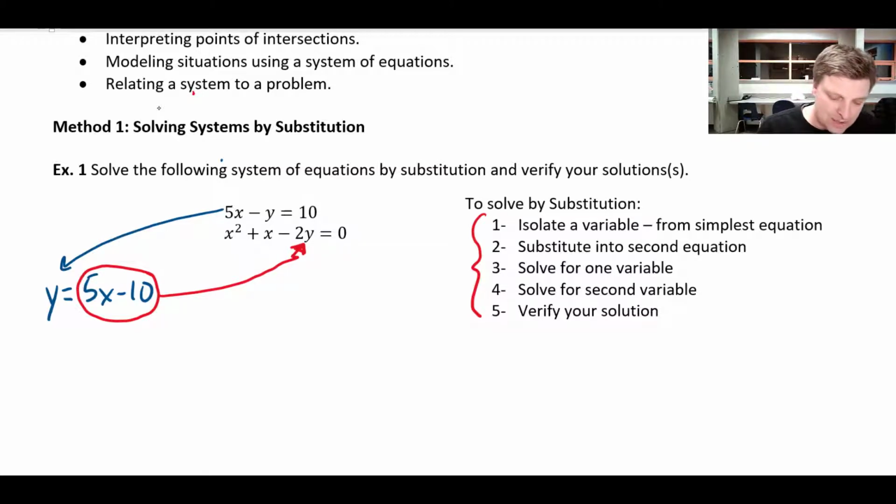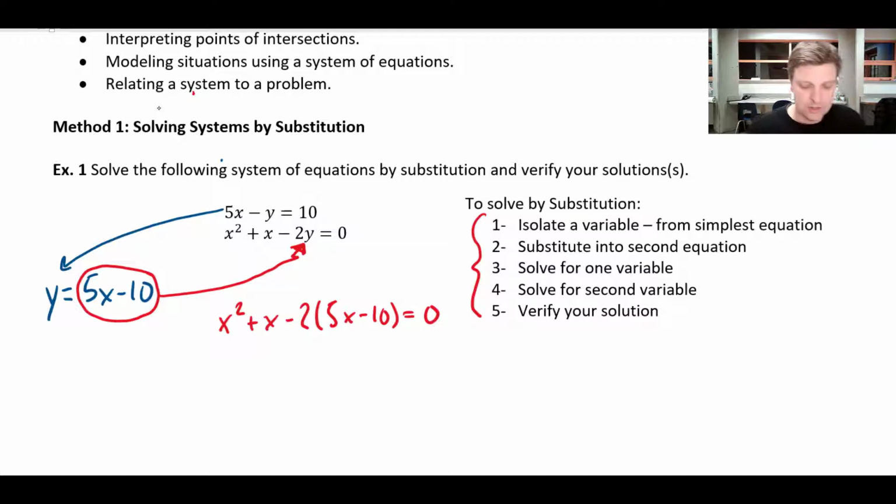And what's going to happen to this equation is it can now be written as x squared plus x, that doesn't change, but then minus 2 times (5x minus 10) equals 0. And this is still the same equation because remember y is equal to 5x minus 10. I should stop and look at this and say, hey look, I recognize now that I've only got x's to deal with, and so there should be a way to solve this.